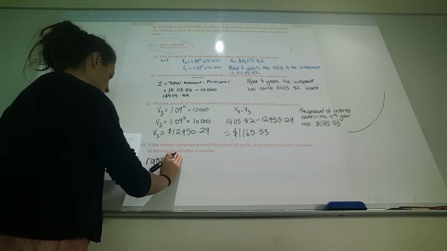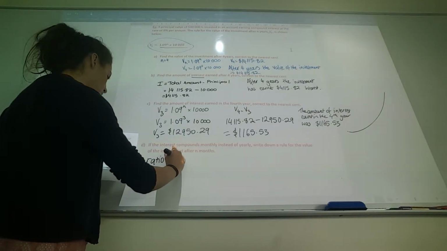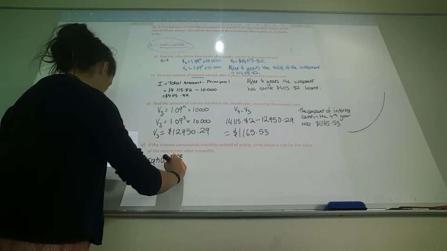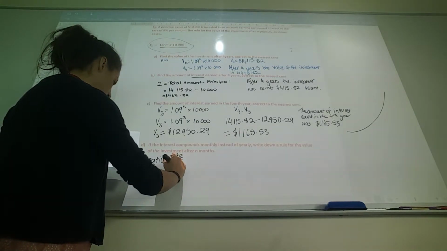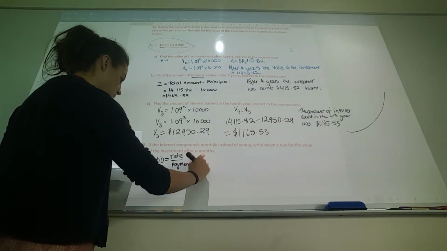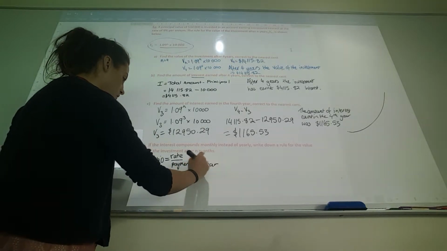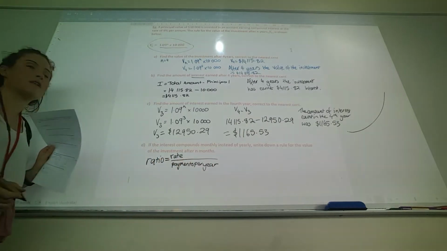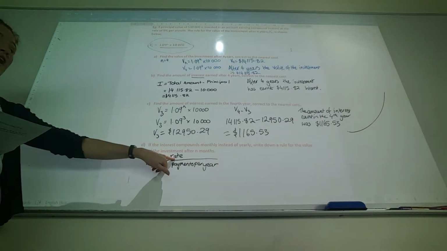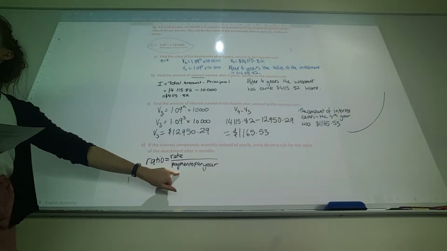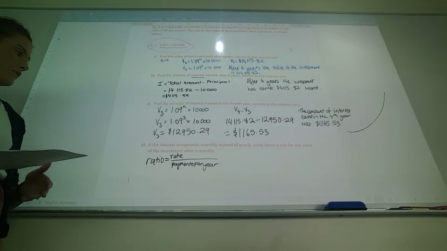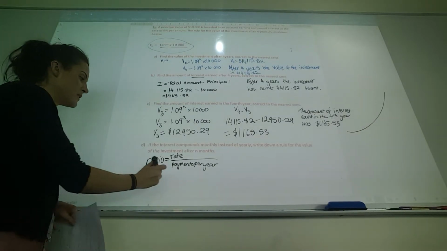Let me just write the formula first. So we'd have rate over payments per year. This is the formula we are using to find our ratio. So we'd sub that in.